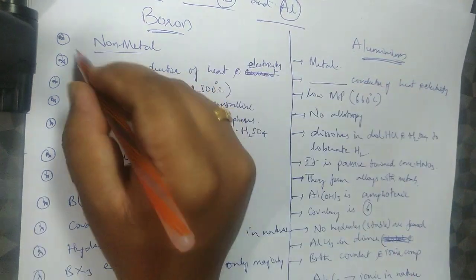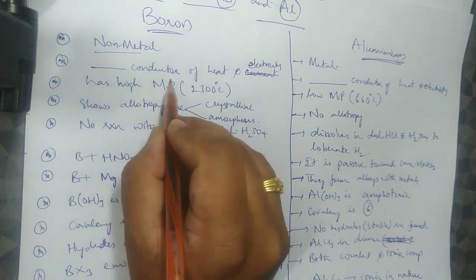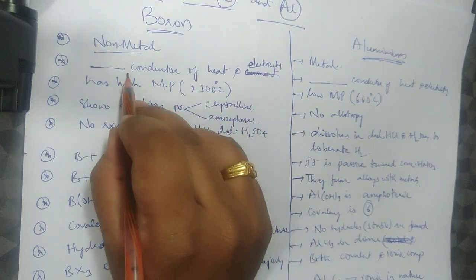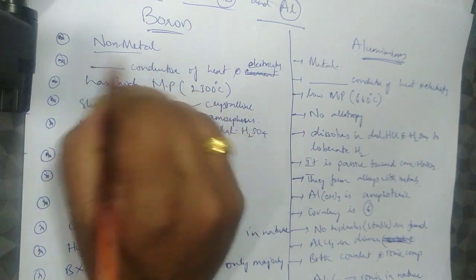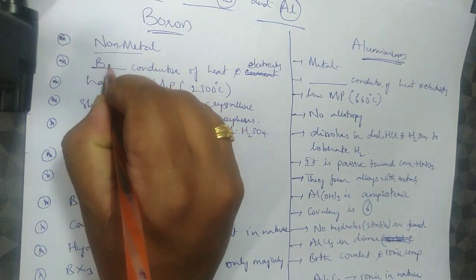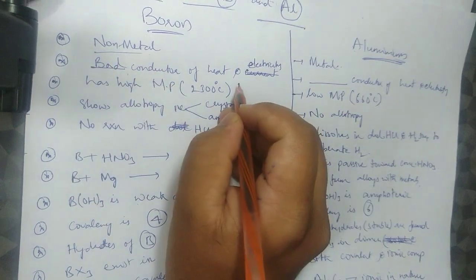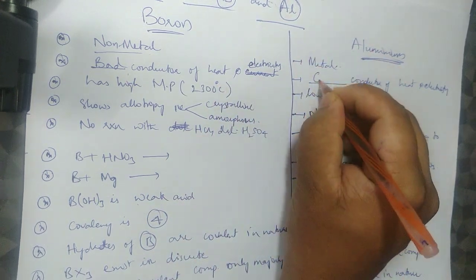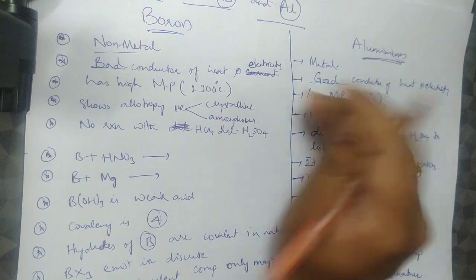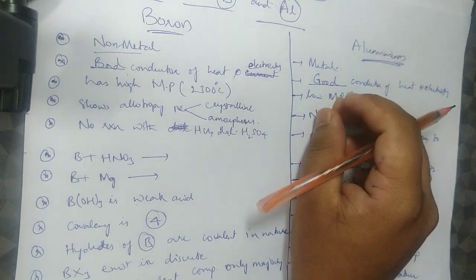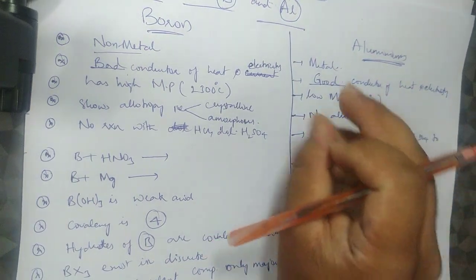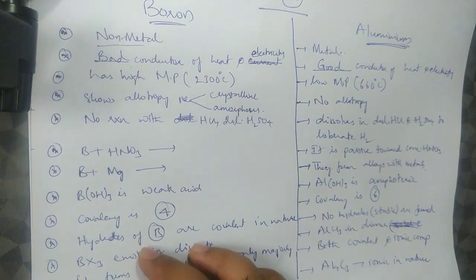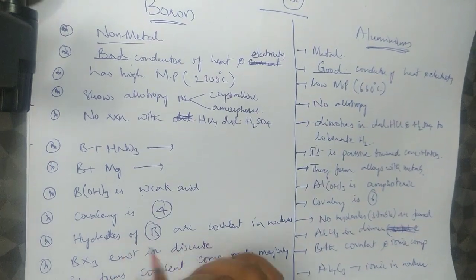Because it is a non-metal, what do you expect of its conduction of heat and electricity? Will it be a good conductor or a bad conductor? Non-metals are generally bad conductors of heat and electricity, whereas metals are good conductors. That's the difference, very simple. You need not learn the differences by heart. If you understand the basic things, you can write the differences yourself.